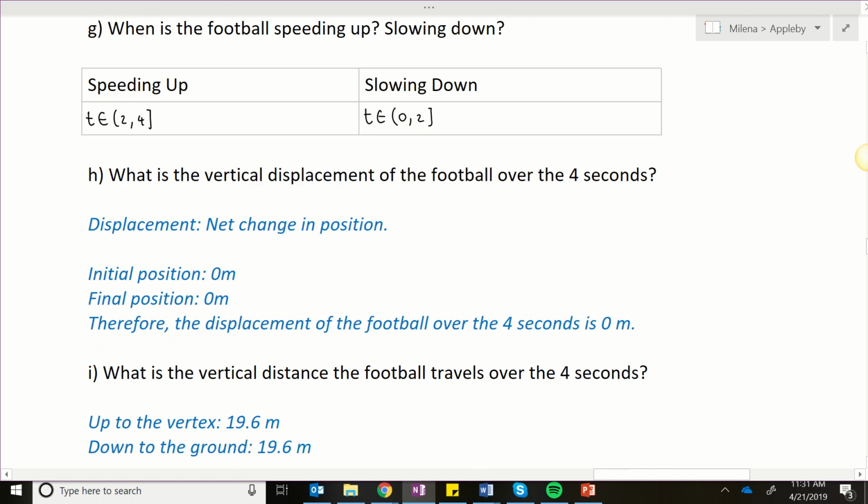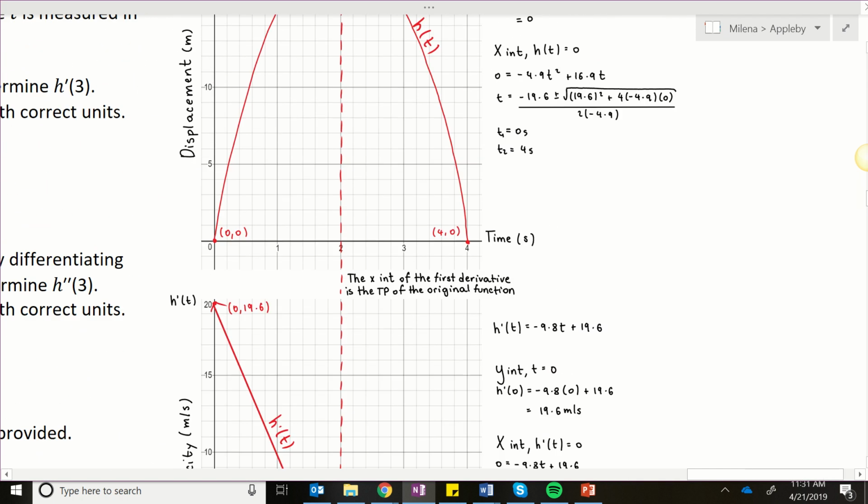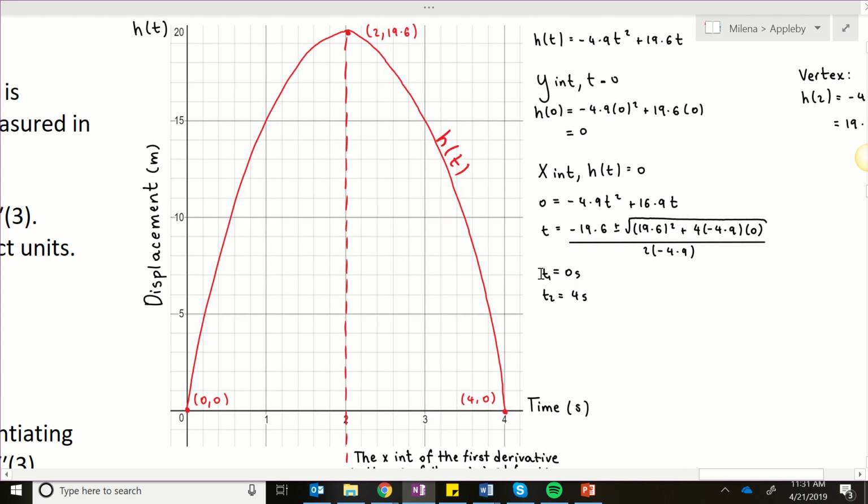All right, part H. What is the vertical displacement of the football over the 4 seconds? So we recall the displacement is the net change in position. So looking at our displacement versus time graph, we notice that the initial and the final positions of the ball are both at a vertical y-plane of 0, meaning that even though this ball has traveled a distance of up and down, its initial and final positions at those 0 and 4 seconds are both 0 meters, right?